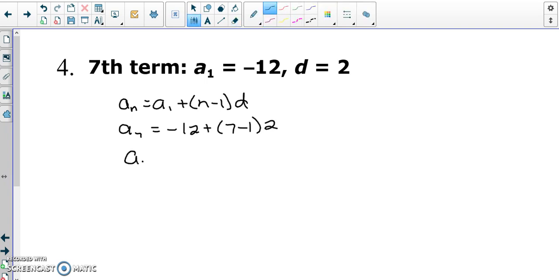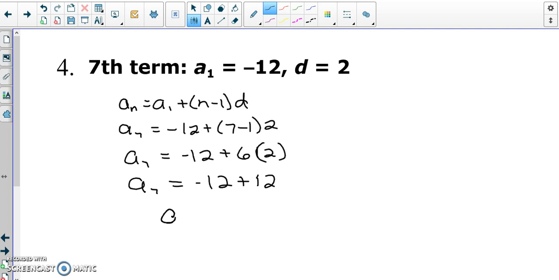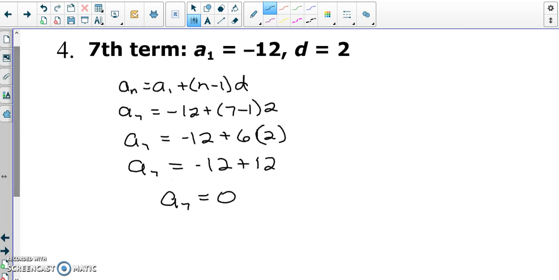So now we get a sub 7 equals negative 12 plus 6 times 2. And then 6 times 2 is 12, so I get negative 12 plus 12. So a sub 7 is 0. That just means my 7th term is 0. That's fine. Not a big deal.